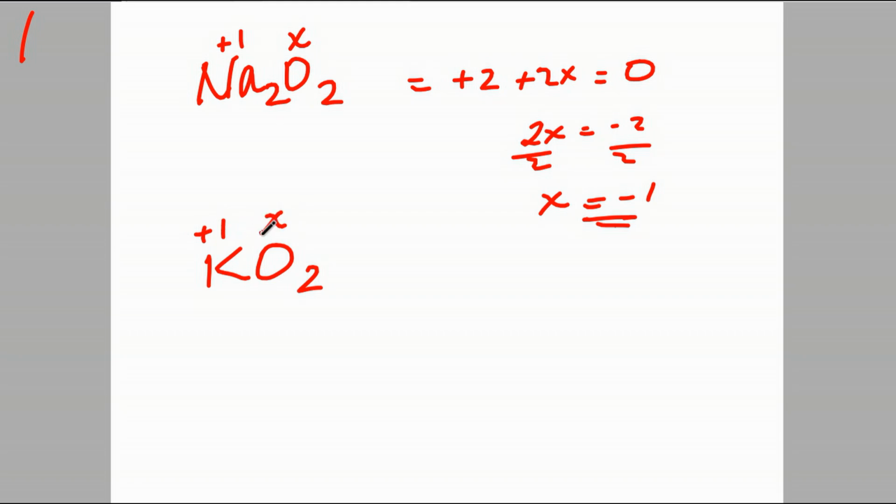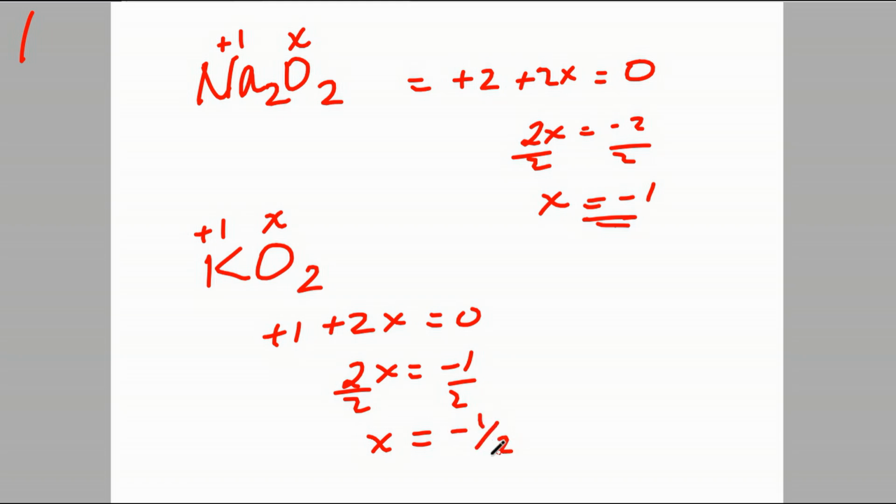Let's also assign this x, and +1 plus 2x equals 0. 2x equals -1, so x will be -1/2. So this is the second exception to the rule. Therefore, in superoxides, the oxidation number of oxygen is -1/2.